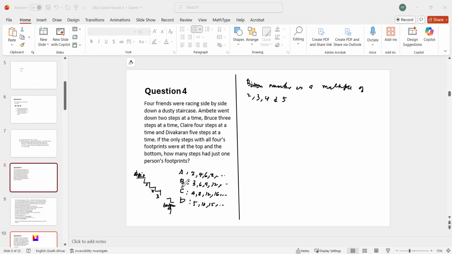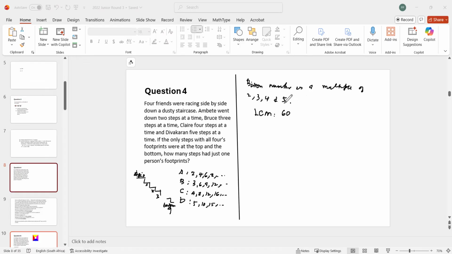And it's the first time that all 4 land there, because you don't have any others. So which numbers are multiples of all these? Well, the lowest of them is going to be a common multiple. The lowest of all these multiples is called the LCM, lowest common multiple. That's what LCM stands for. When you look at this, you'll see it has to be 60.